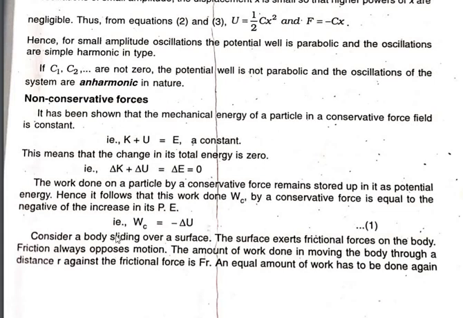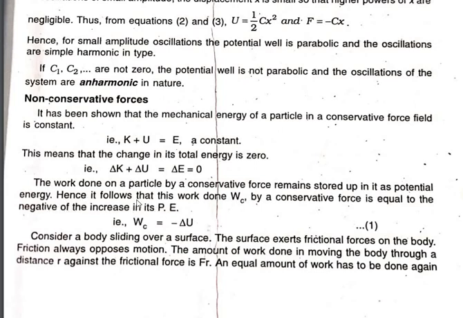We know from the work energy theorem that the work done is stored as kinetic energy. The work done on a particle by the conservative force remains stored in it as its potential energy, which we already discussed in our previous classes. This is a peculiarity of a conservative force field, where the work done is stored as potential energy.